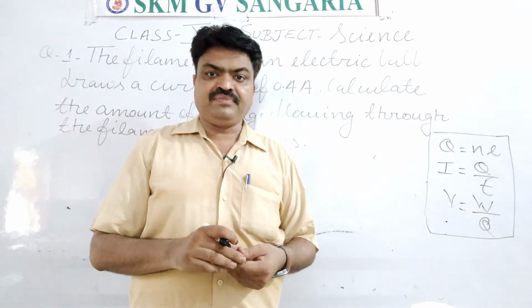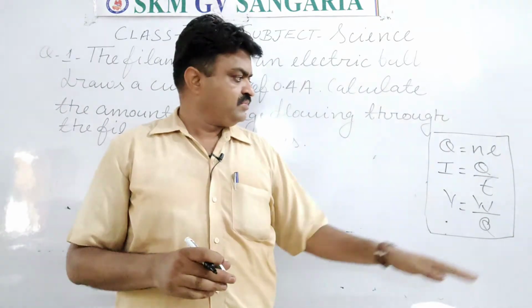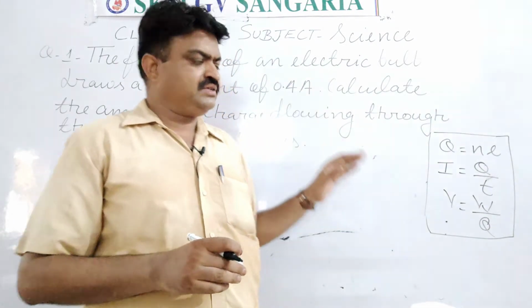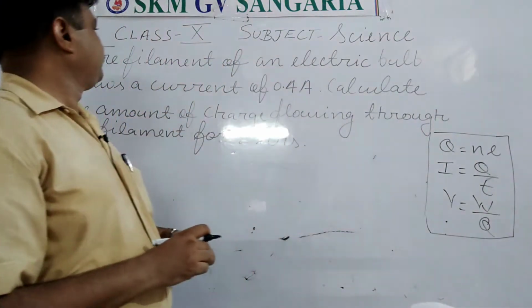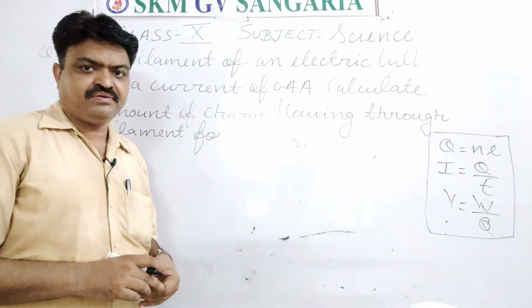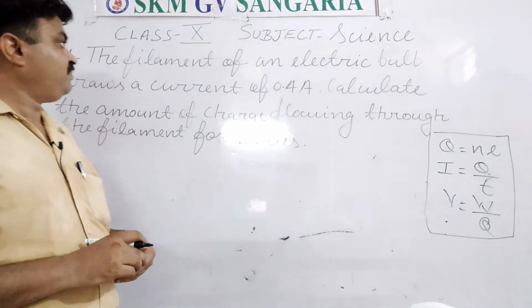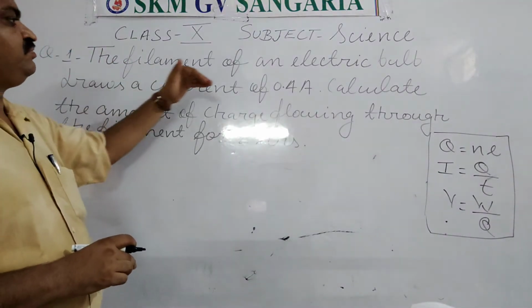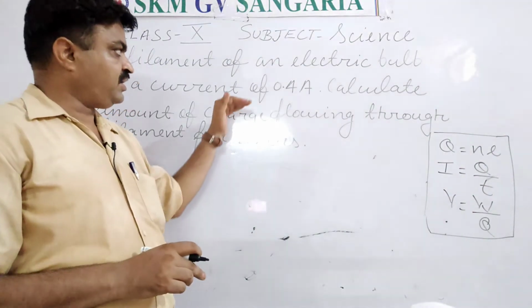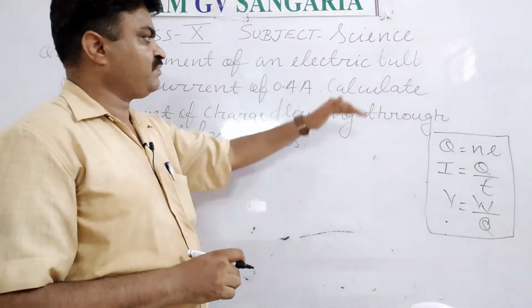Many times the questions in your board exam come from this only. There is one question I have written here: the filament of an electric bulb draws a current of 0.4 ampere.